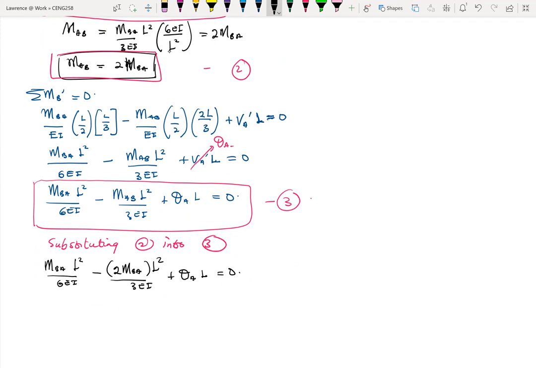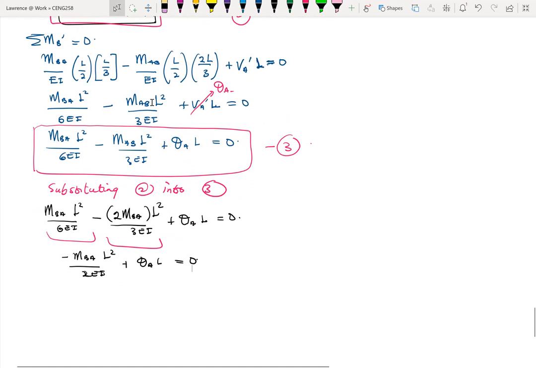All right. So once we compute this, if we add these two terms together, we'll end up with negative MBA times L squared over 2EI plus theta A L equals 0.